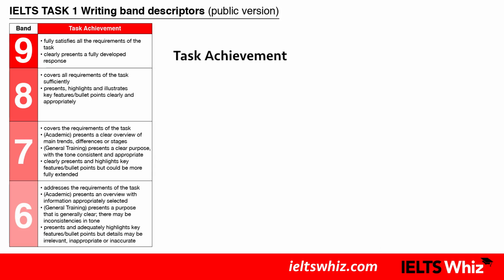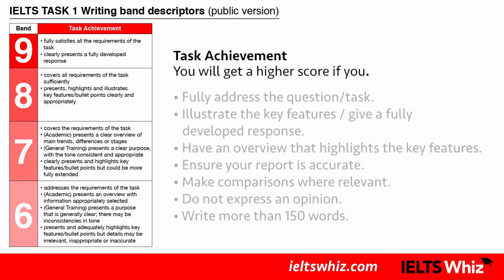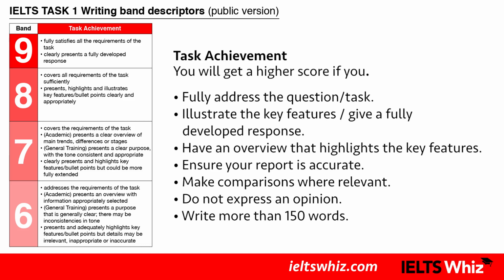First, let's look at task achievement. You'll get a higher score for task achievement if you fully address the question or task. You need to illustrate the key features in the infographic, and you need to give a fully developed response.